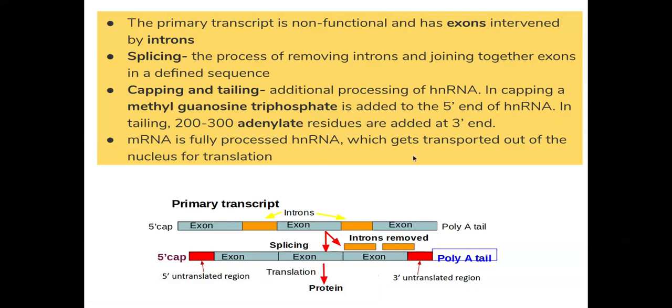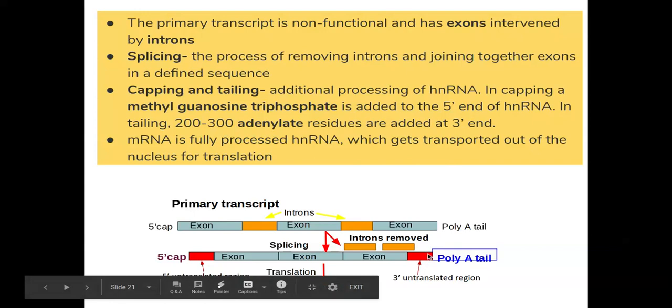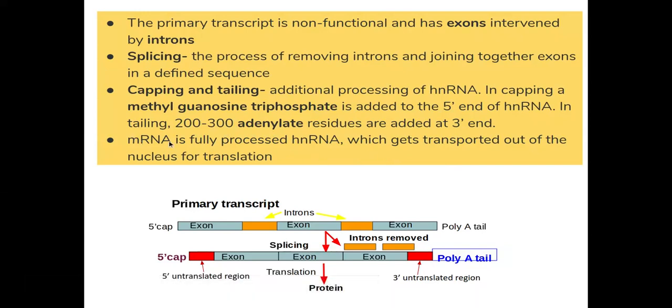The adding of the tail is at the 3' end of the transcript. So these three important things go on: splicing, capping, and tailing. Only then does this RNA get fully processed, and it is called a fully functional mRNA, which gets transported out of the nucleus for the next process of protein synthesis, or translation.